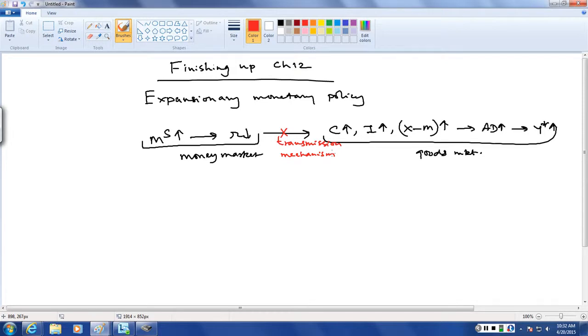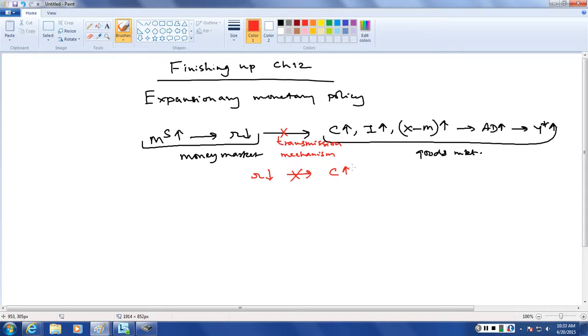In other words, what we're saying here is that the rate of interest falls, but this fall in the rate of interest doesn't cause, for instance, consumption spending to rise. And we've always said that when the interest rate falls, consumers are more likely to take out consumer loans to go shopping, and businesses are more likely to take out business loans to go shopping. Why wouldn't they do that?